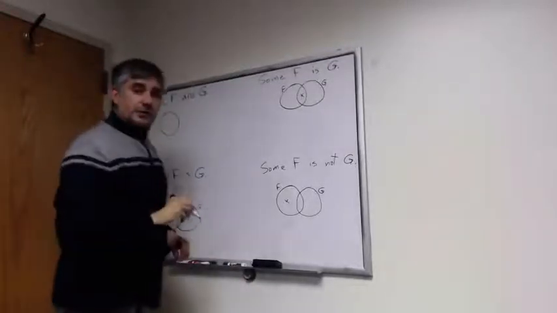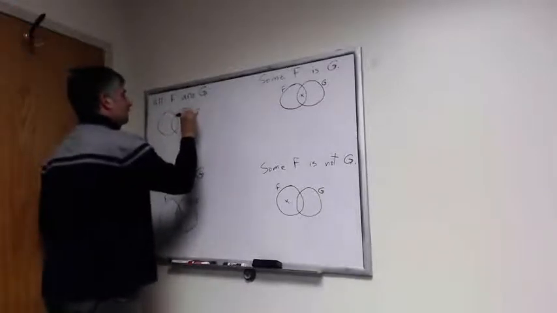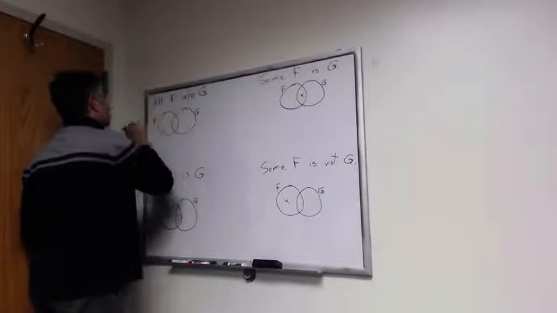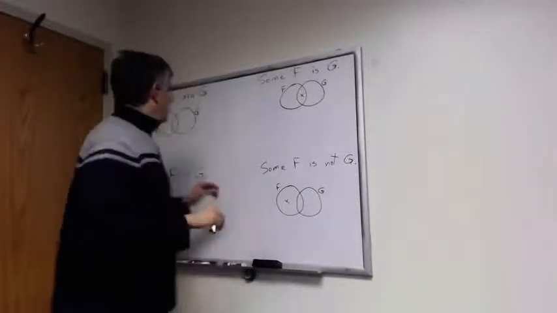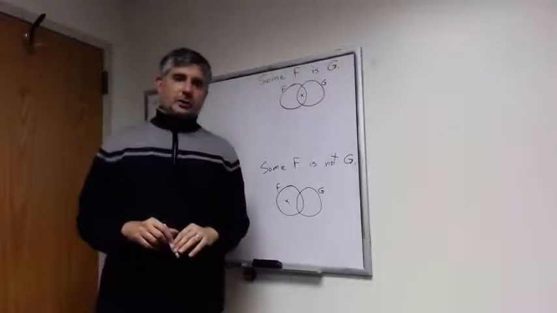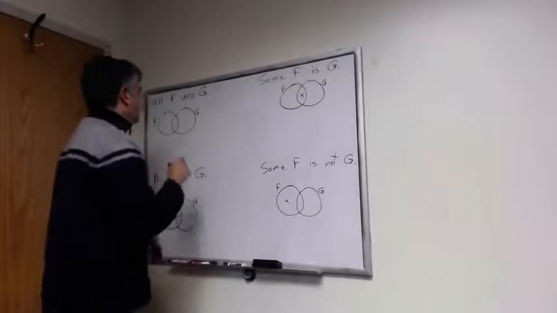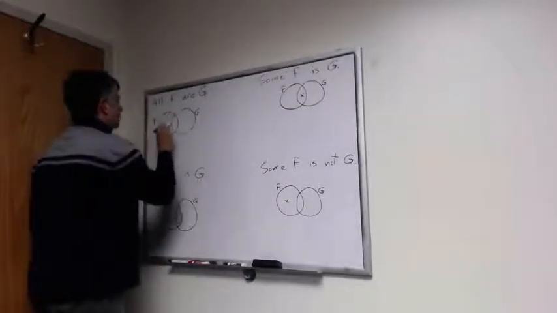We're going to draw an F circle and a G circle that overlaps it. And we're going to shade out the area of the F circle that's outside the G circle to indicate that there is nothing in the F circle that is not also in the G circle.